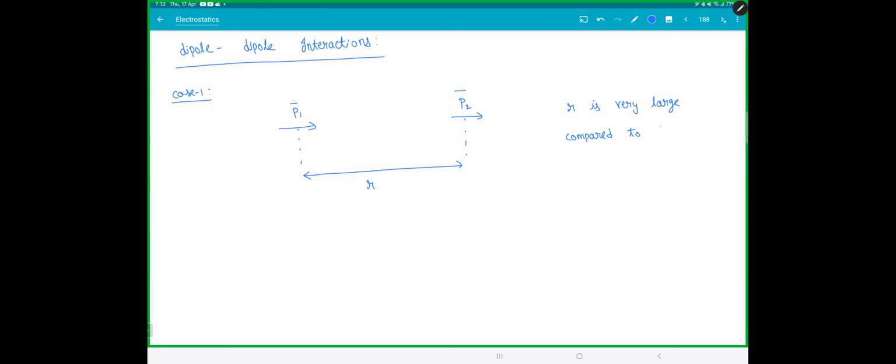Find the force between them and find the potential energy of the system. Find the force and the potential energy of the system.